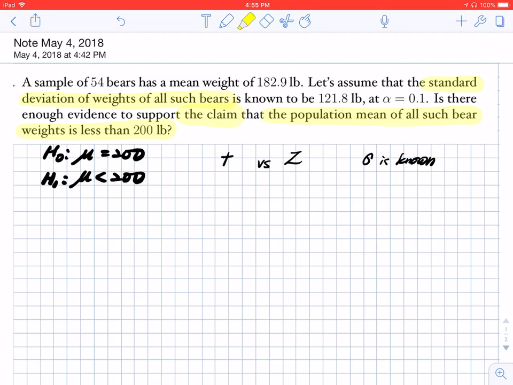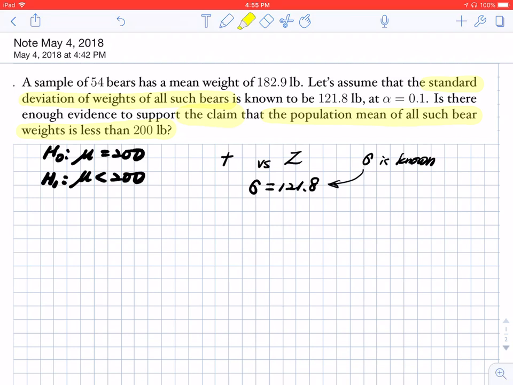It comes from the population. So this wording, all such bears, and the value 121.8, we interpret as sigma equal to 121.8 pounds. So sigma is known.